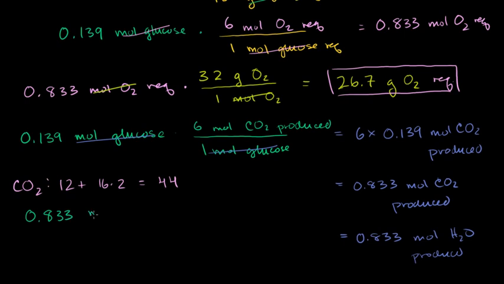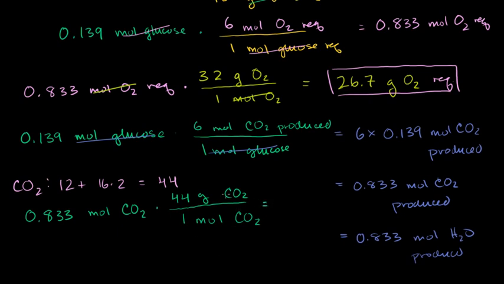So if we are starting off with 0.833 moles of carbon dioxide that are produced, we want to figure out how many grams per mole. We're going to put the moles of carbon dioxide in the denominator because we want it to cancel. And then we have the grams of carbon dioxide. We know carbon dioxide's atomic weight is 44, so that means there are 44 grams if we have a mole of carbon dioxide, 6.022 times 10 to the 23 carbon dioxide molecules.